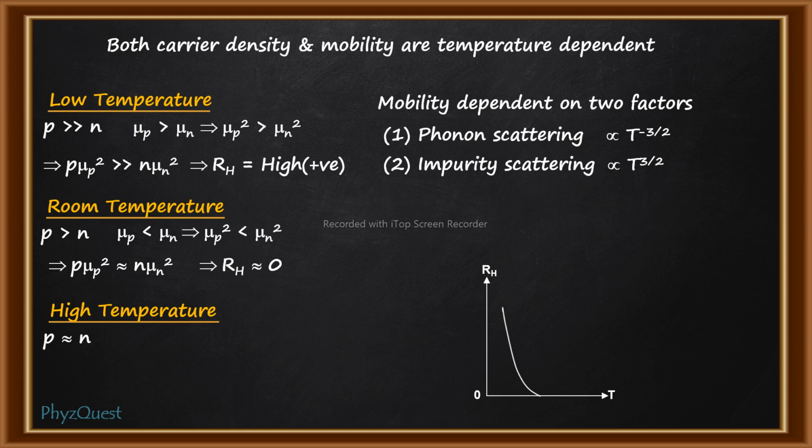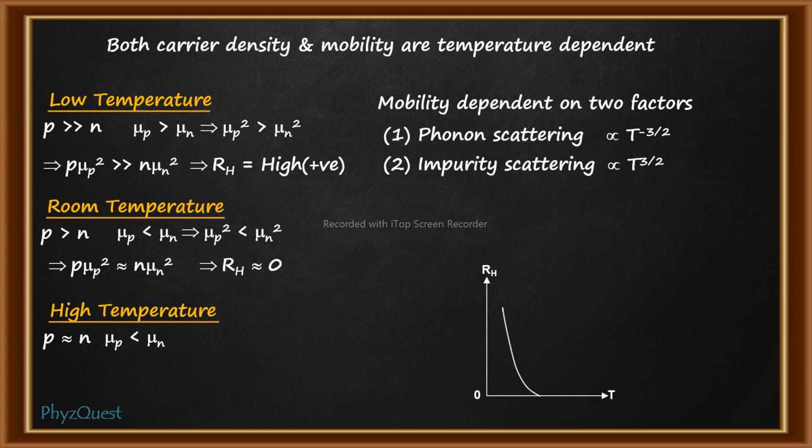Now at high temperature, intrinsic charge carriers are much higher, but the scattering will also be higher, due to which mobility will reduce. Mind you that here the lattice contribution of mobility will still be dominant. Here again electron mobility is higher than hole mobility in general. Therefore here again mu p will be less than mu n.